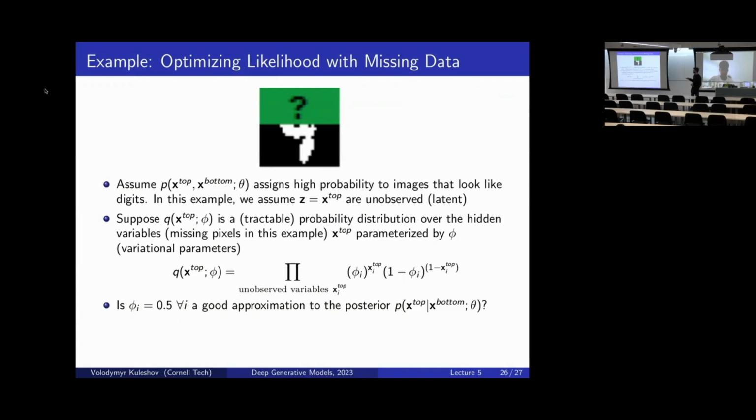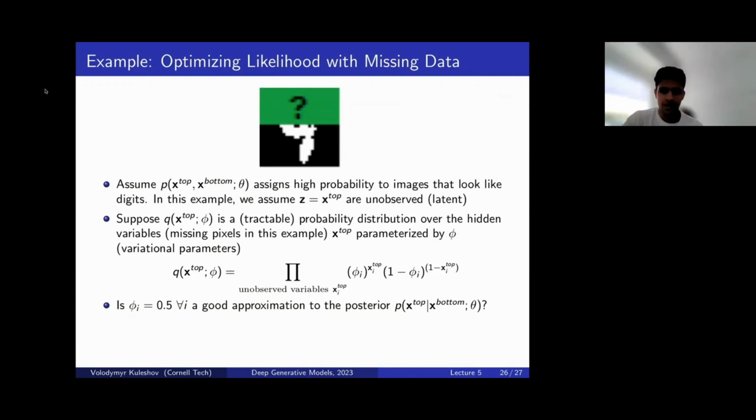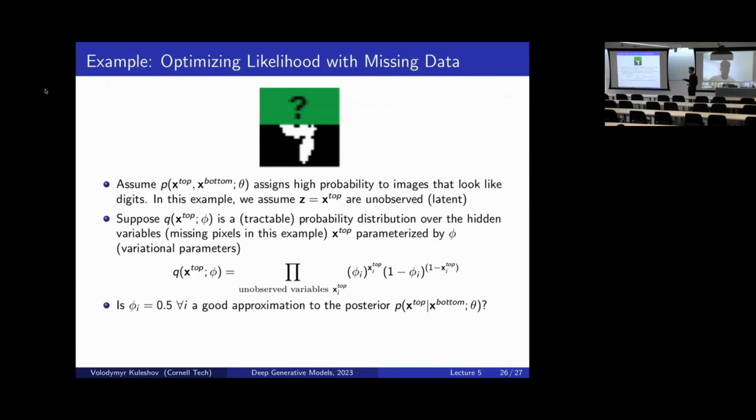So what would be a good approximation? If phi equals 0.5, is that a good approximation or a bad approximation? Bad. It's completely random. But we said that a good Q is something which is close to the true P of X top given X bottom. So here the answer is no. What if we set it to 1 everywhere?